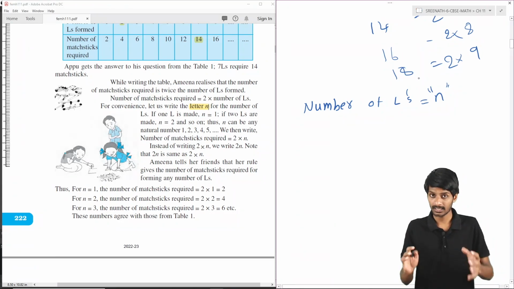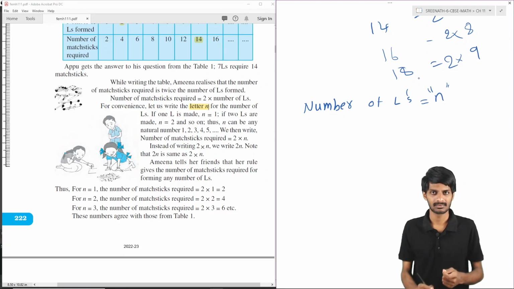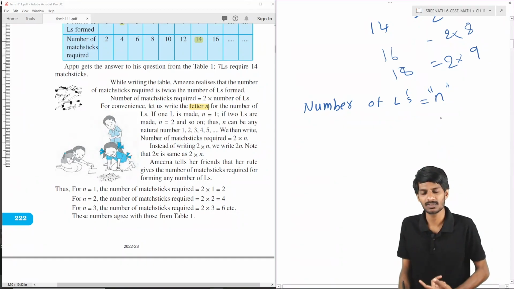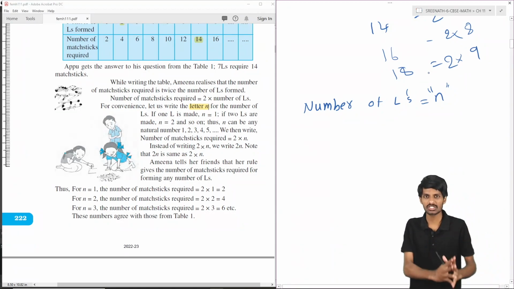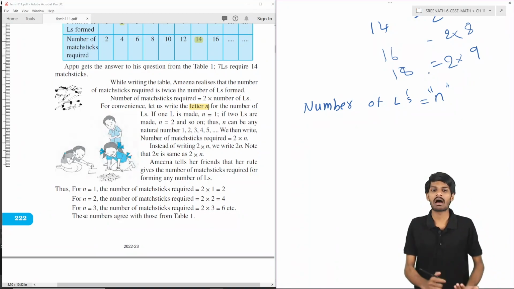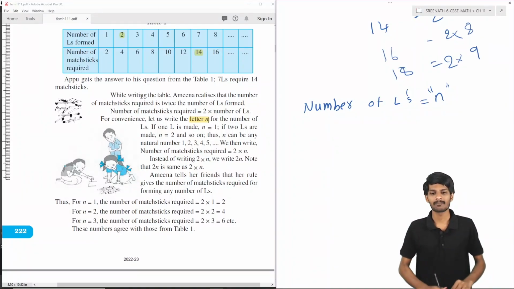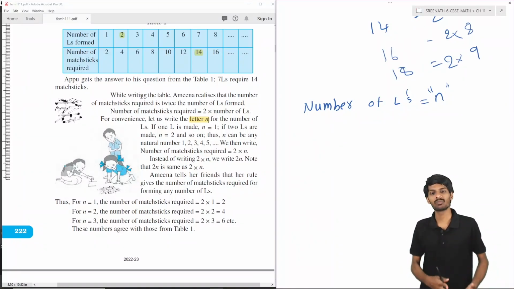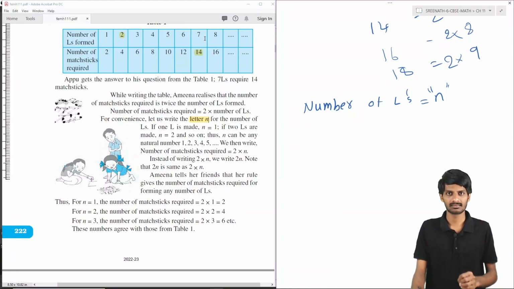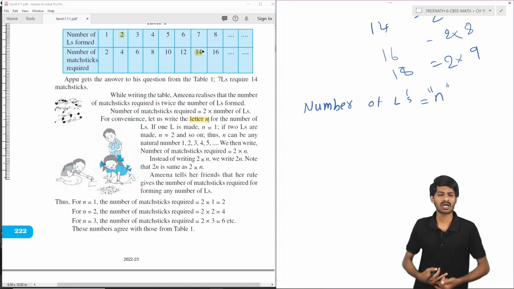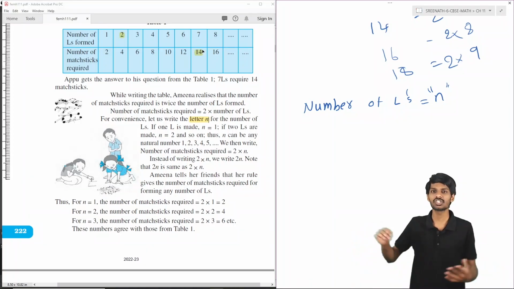Okay, students, this is the highlight of this session. Here we are introducing letters. Why are we introducing letters? Because the numbers are continuously changing. For a particular situation, a particular number is enough. If Appu comes and asks how many matchsticks are required to make 7 L's, for that question we use 7. Suppose anybody comes and asks how many matchsticks are required to make 10 L's, in that situation it changes again.